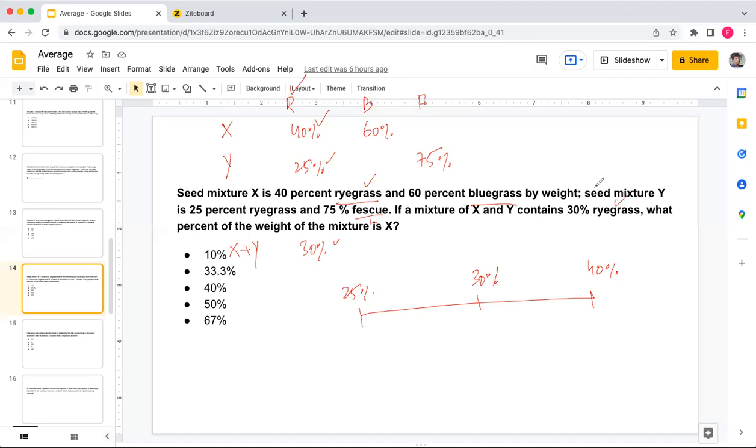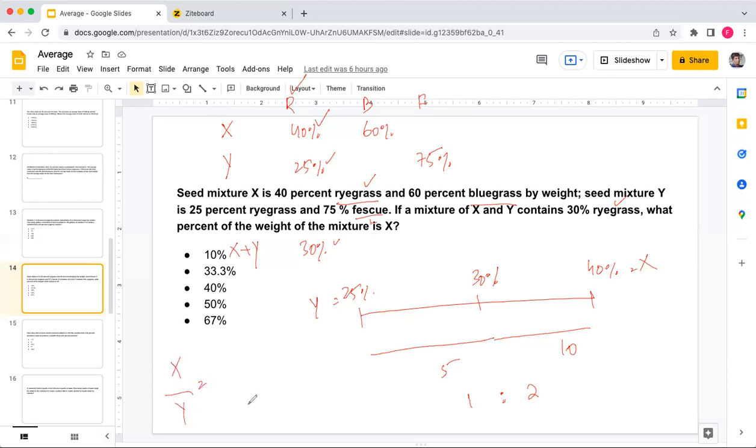So use this, don't use other values. This is for Y and this is for X. And what is this now? This is 5 and this is 10. So what is the ratio? The ratio is 1:2.